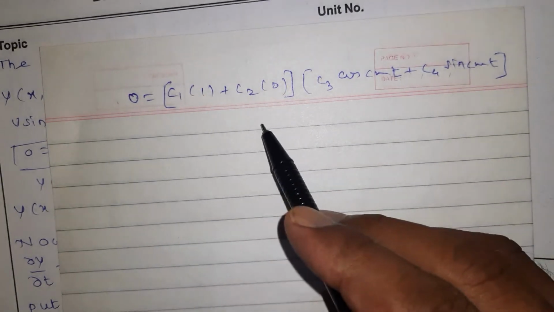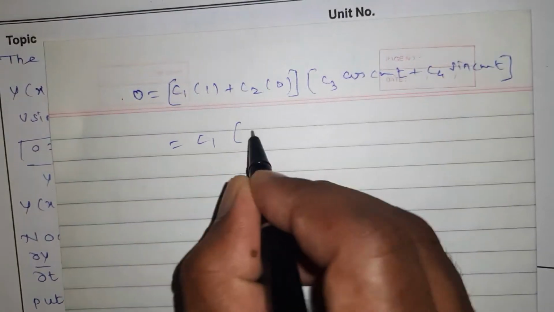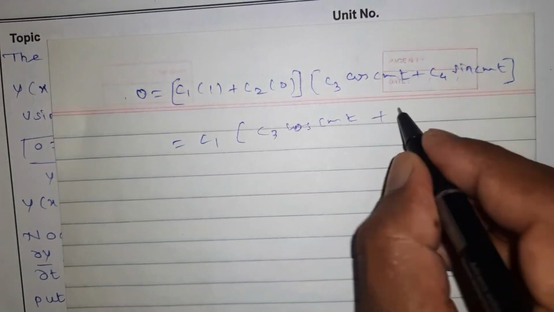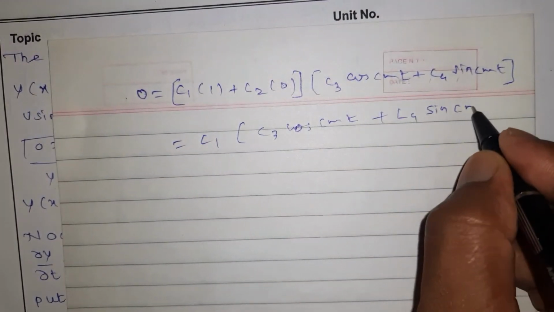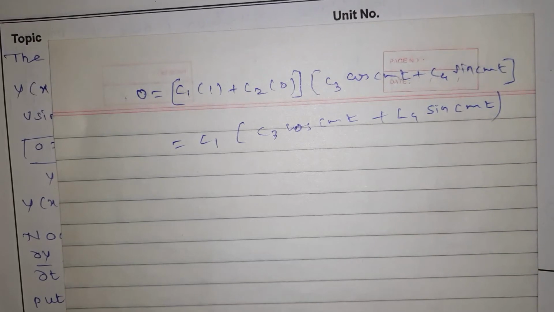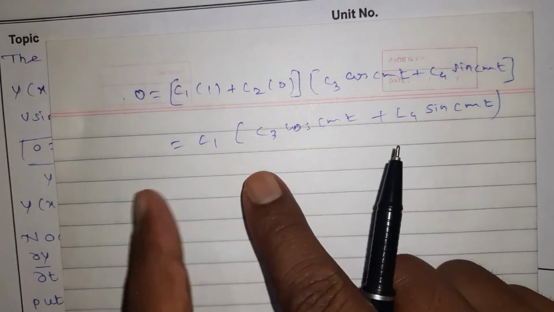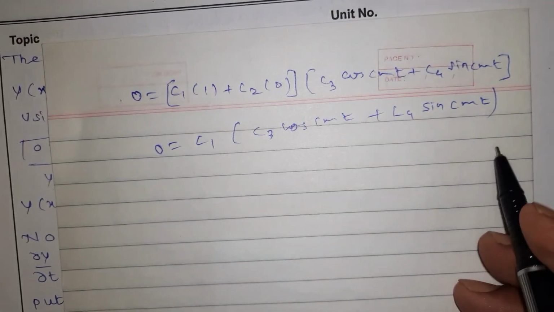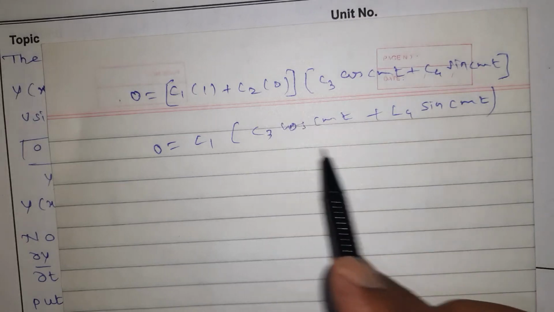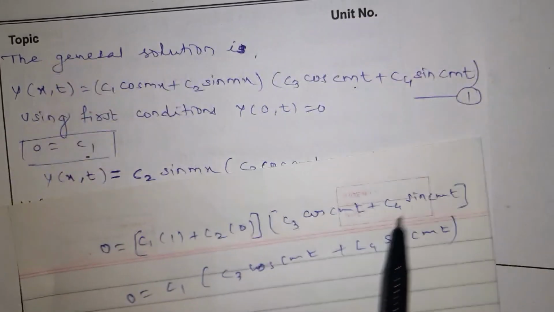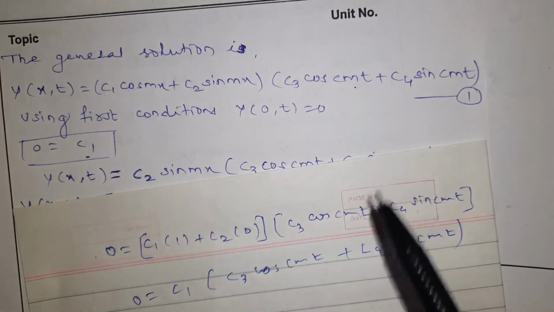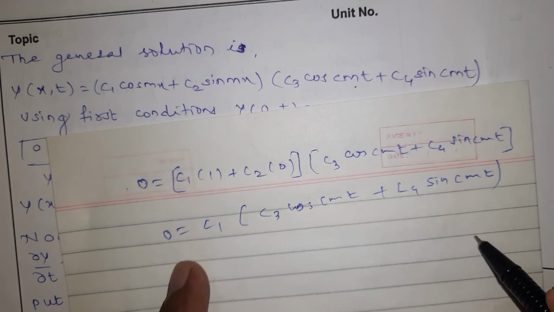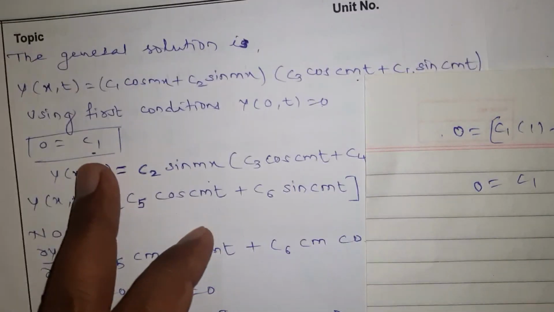So 0 is equal to c1 into this bracket. Correct? So either this bracket is equal to 0 or c1 is equal to 0. We know that if a product is equal to 0, then either one is 0. If this bracket is 0, then the total solution becomes 0. So this bracket c3 cos cmt plus c4 sin cmt is not equal to 0. So which one is 0? c1 equal to 0. So we get our first answer, c1 equal to 0.